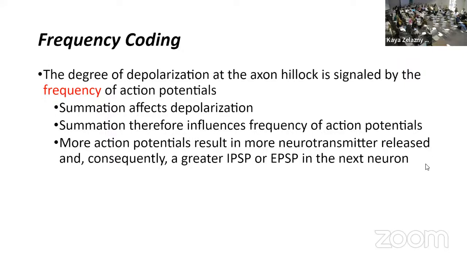So summation is affecting the depolarization. And that summation can therefore influence how frequently an action potential fires. Right? So when we have more action potentials coming down, more neurotransmitter gets released. And therefore, we can have a greater effect on our postsynaptic neuron, depending on the neurotransmitter and the receptor, can be either inhibitory or excitatory.